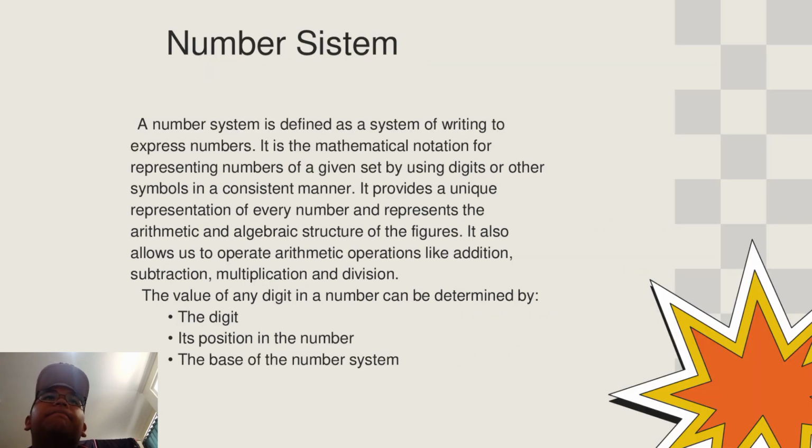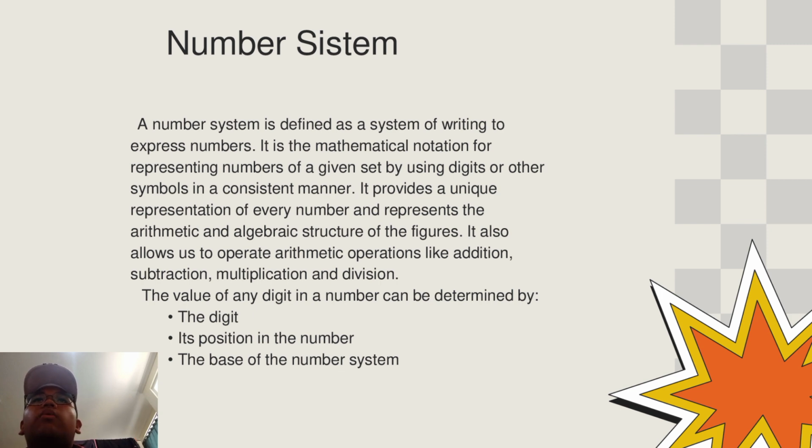Next, number system. A number system is defined as a system of writing to express numbers. It is the mathematical notation for representing numbers of a given set by using digits or other symbols in a consistent manner. It provides a unique representation of every number and represents the arithmetic and algebraic structure of the figures.